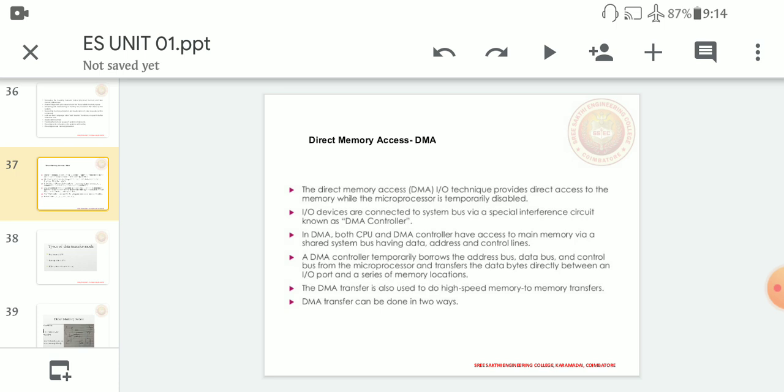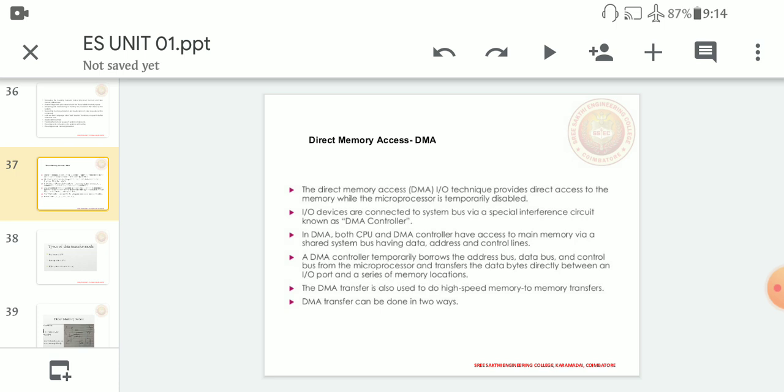So the next one is direct memory access. Direct memory access is the one which reduces the time for execution. So it is directly accessed, so the data are not stored anywhere else and can be directly accessed. In DMA, both the CPU and the direct memory controller have access to the main memory.